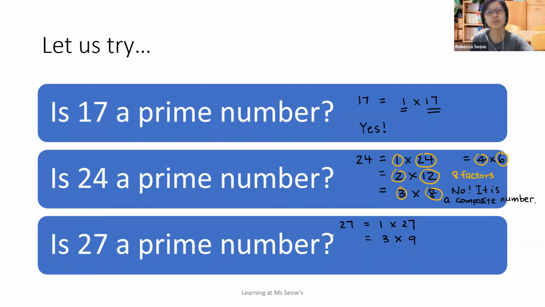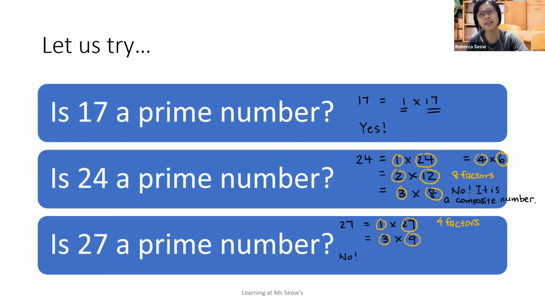Let's come back to counting the number of factors. So we have 1, 2, 3, 4. Okay, so with 4 factors, do you think that 27 is a prime number? Or it's not a prime number? Yeah, 27 is not a prime number.